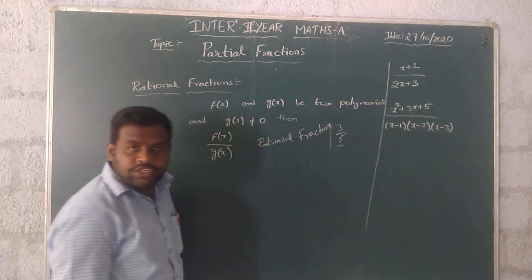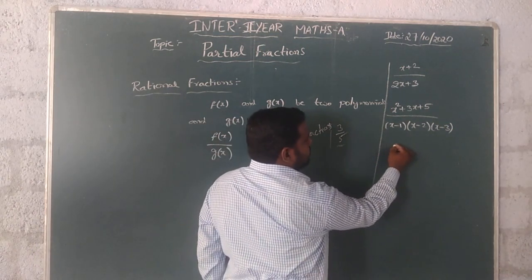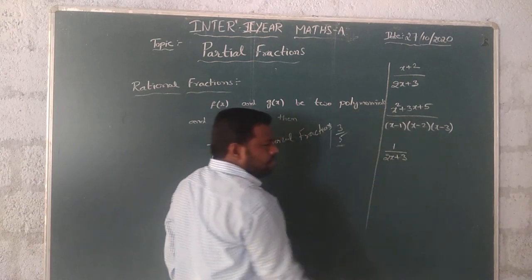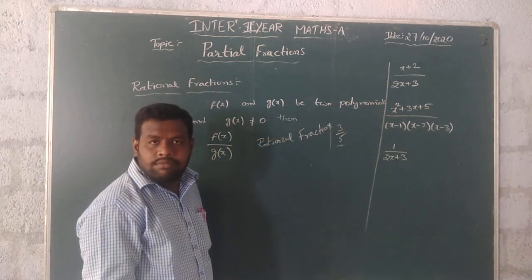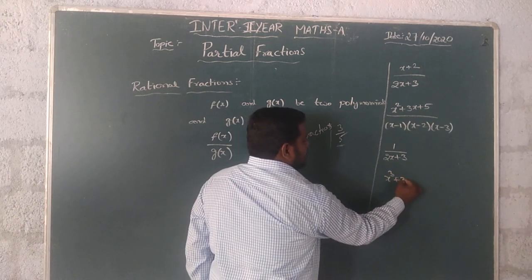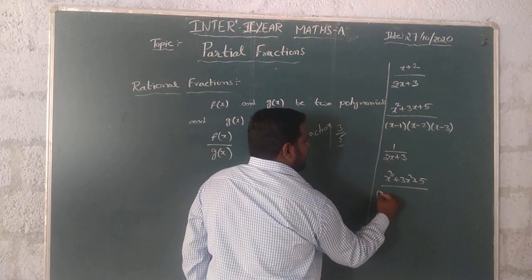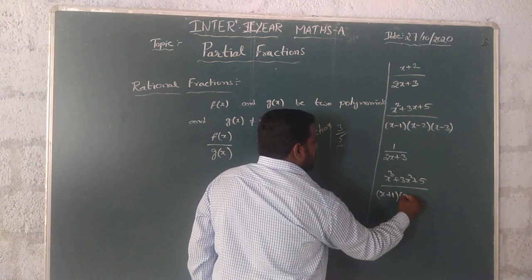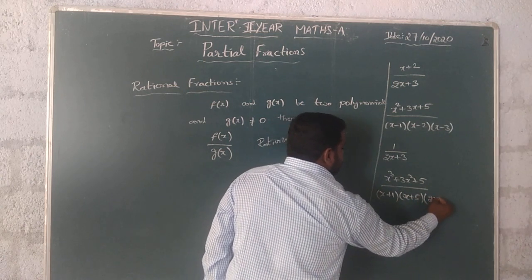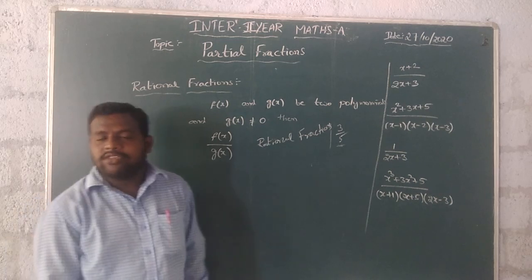This is also a rational fraction. 1 by 2x plus 3. This is also a fraction. x cube plus 3x square plus 5 by x plus 1 into x plus 5 into 2x minus 3. And so many more examples are there.